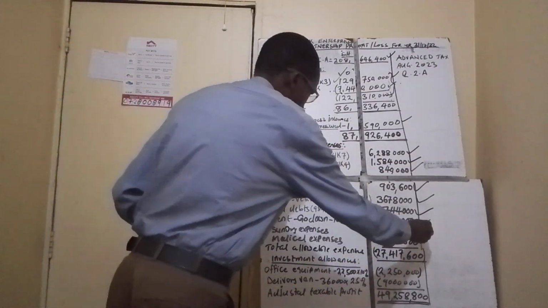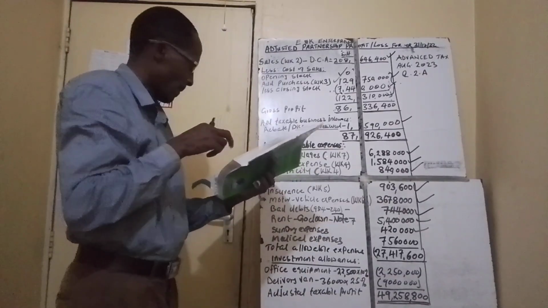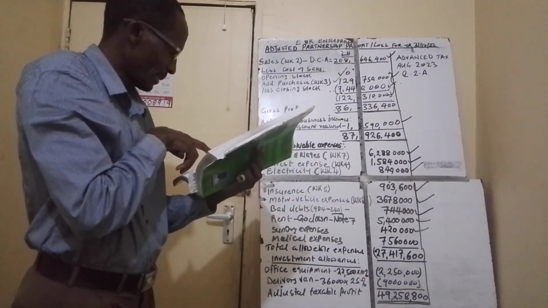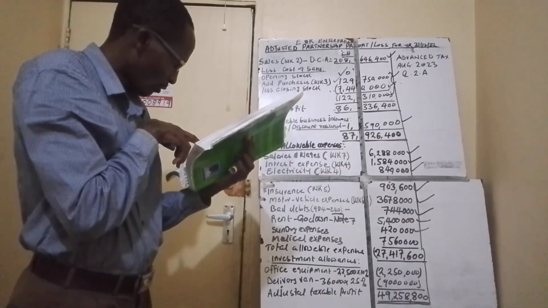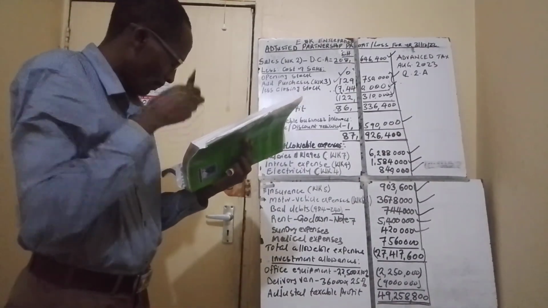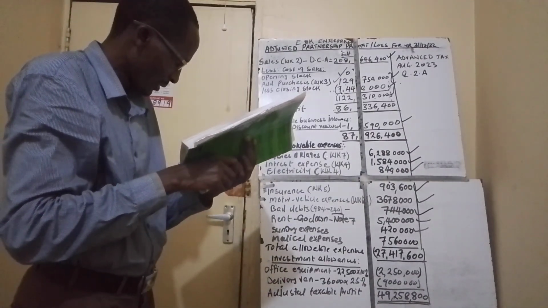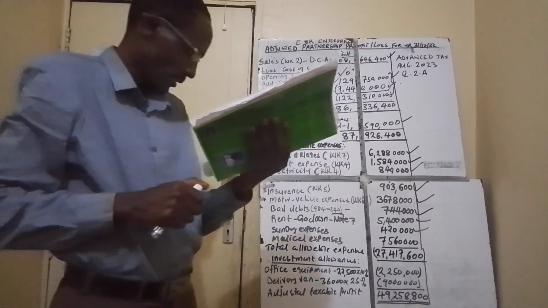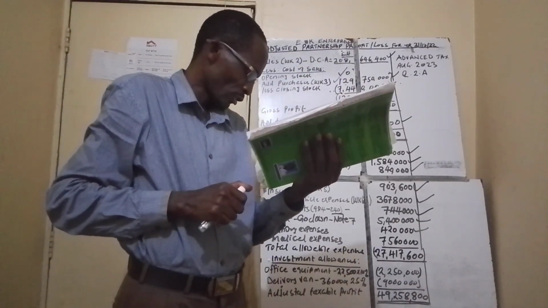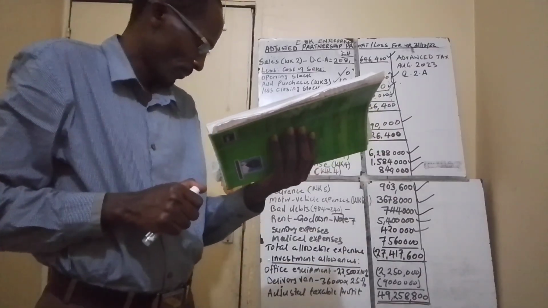Sundry expenses. Sundry expenses is on the credit side. Now we have sundry expenses. Now let me confirm that. It is additional information number 9.